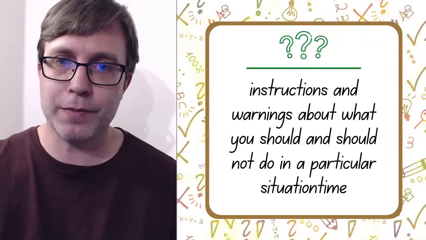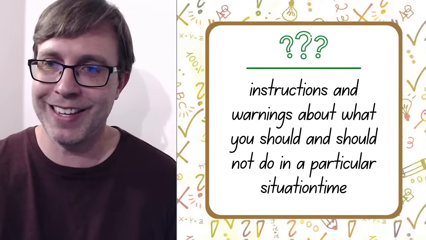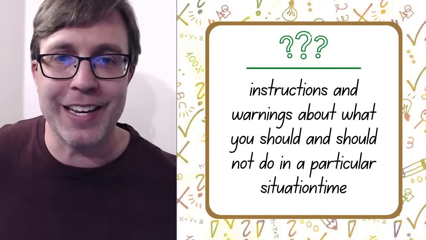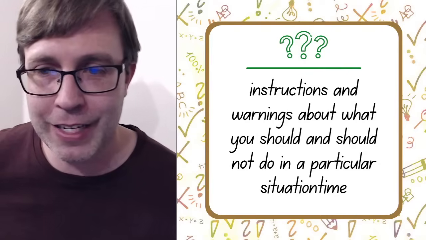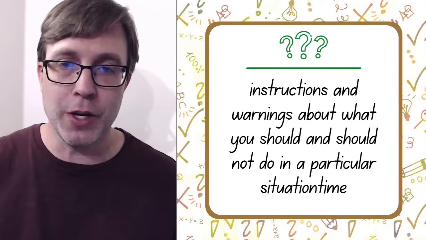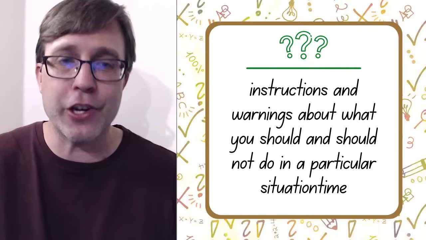Then there's this one right here. I'm hoping this one will be a little more difficult for you guys. We're talking about instructions and warnings about what you should and should not do in a particular situation. I say situation or time.